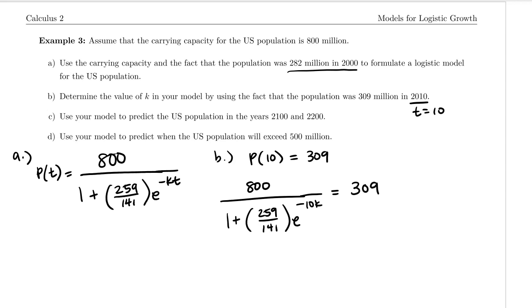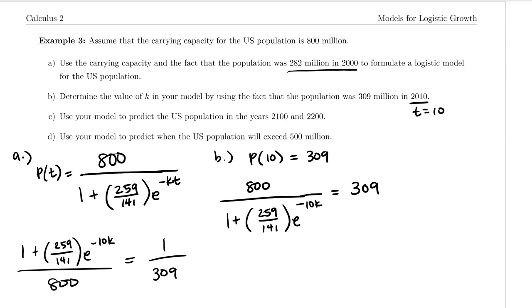So what we want to do is solve this equation for k. Like we did previously, I'll take the reciprocal of both sides. So I get 1 plus 259 over 141 e to the negative 10k power, then that would be over 800. And then the reciprocal of the other side would be this.